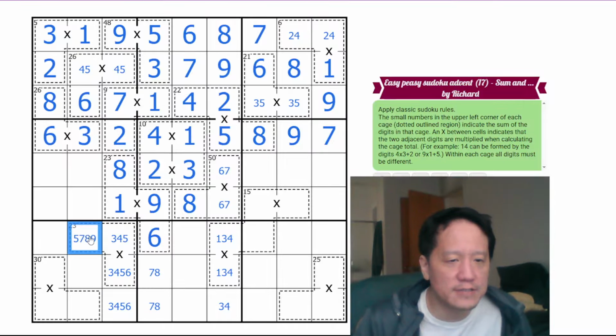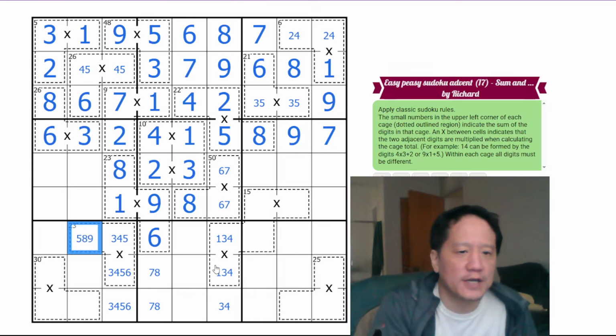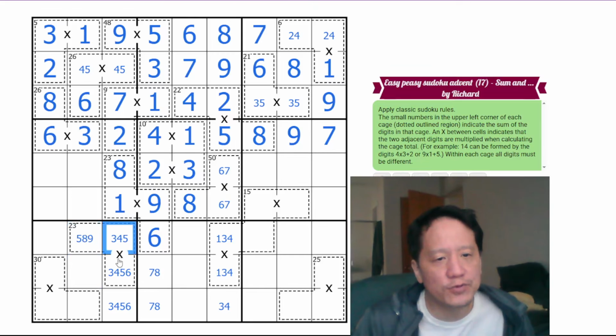23 minus 7 is 16, which would be 2 times 8 or 4 times 4. 4 times 4 obviously doesn't work. And 2 times 8 can't work because we have a 2 and 8 in that column. So this cannot be 7. 23 minus 8 is 15, I believe.